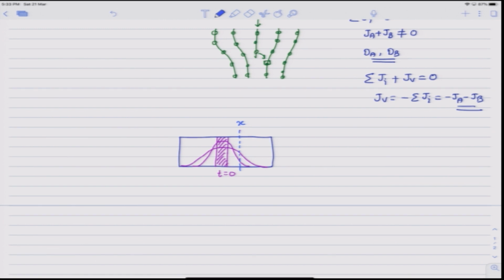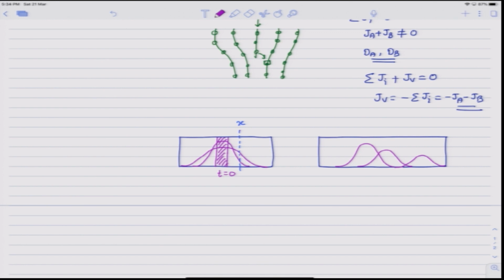Now, in the second case, let us suppose the water is flowing towards the right. Of course, the flow is not so fast that the diffusive flow and the drift are not comparable. Then in that case, as time progresses, this Gaussian type distribution will also shift with time, because the water is now flowing.